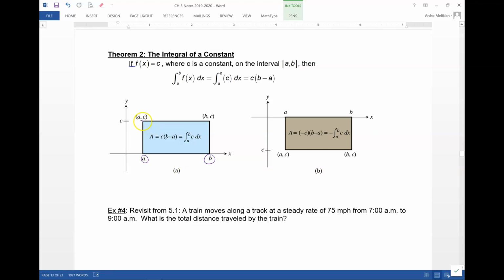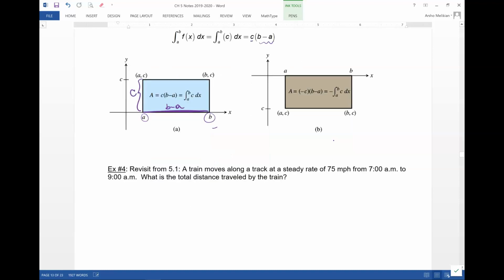It's just c times b minus a. We don't even need calculus for that. So the integral of f of x dx is just c times b minus a. And if it happens to be underneath the x-axis, then it's just the negative of it.